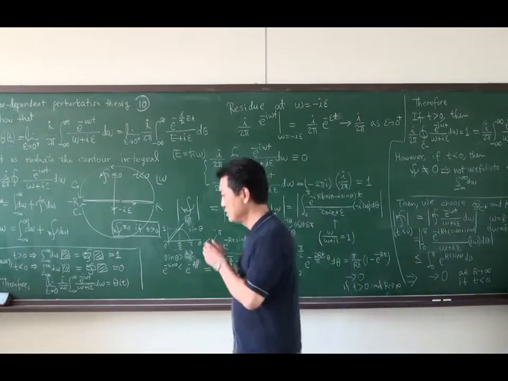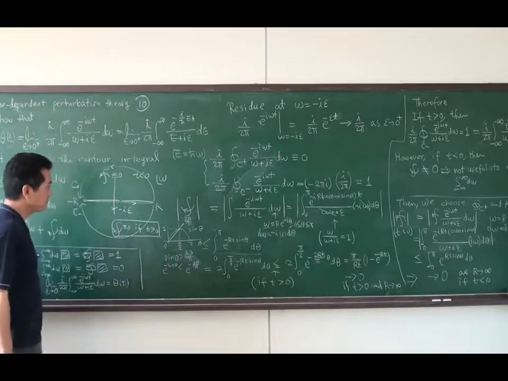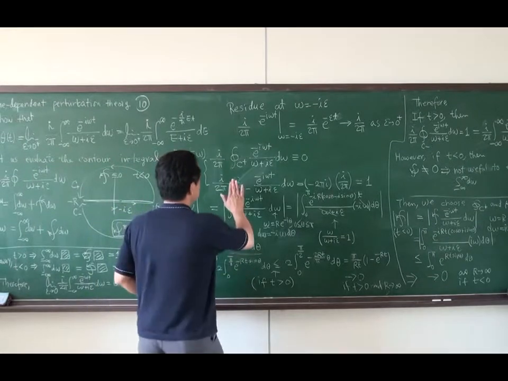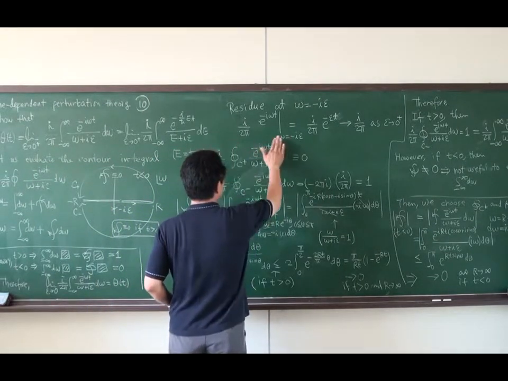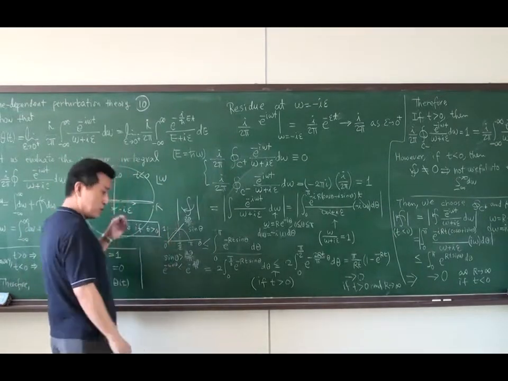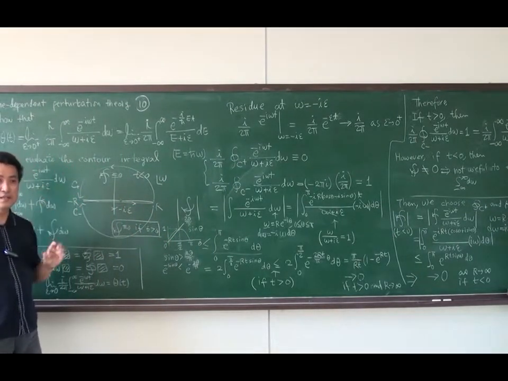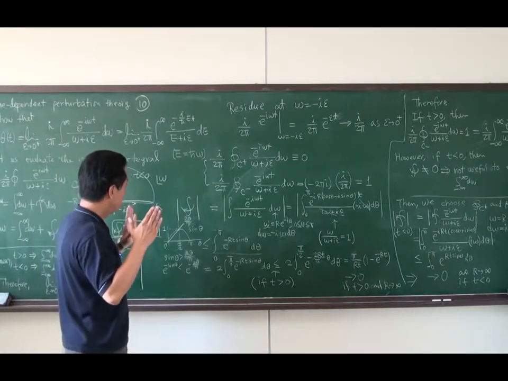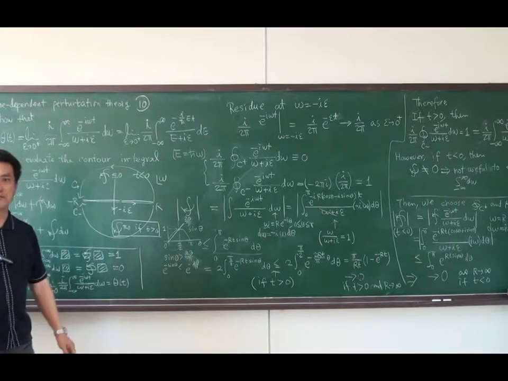Okay, this is the most important part of the derivation. We use the Schwarz inequality. Let us consider just this core part of the integral. Because we want to show that the integral vanishes, it's sufficient to show that the absolute value of that integral vanishes.